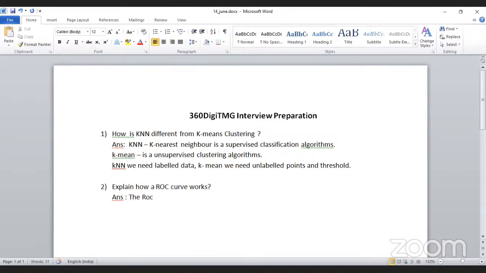The ROC curve is a graphical representation of contrast between true positive and false positive rates.